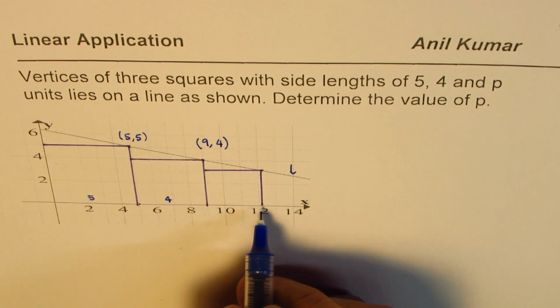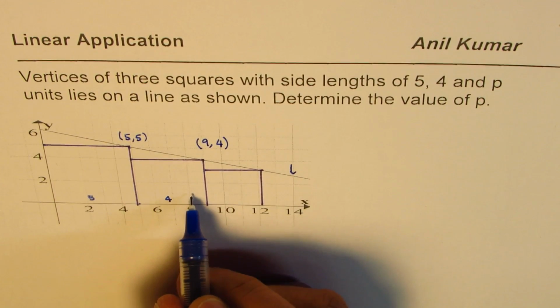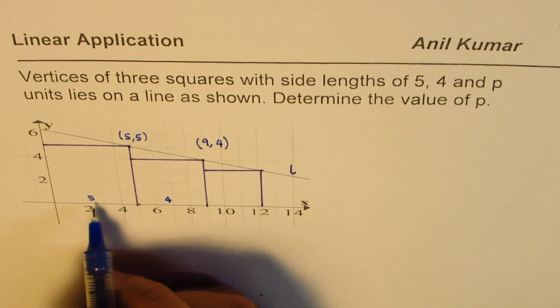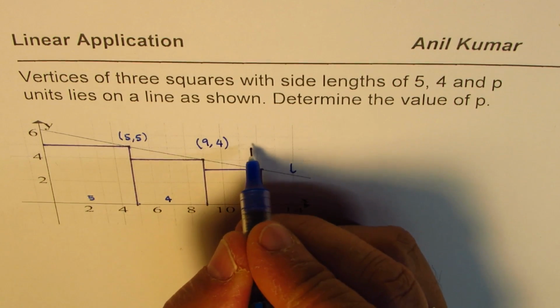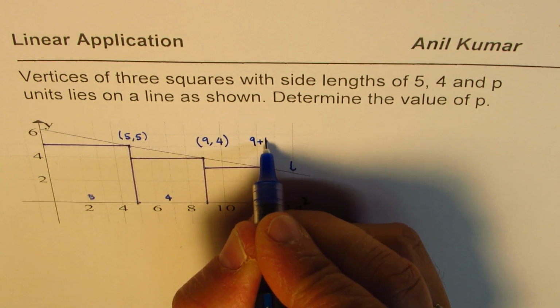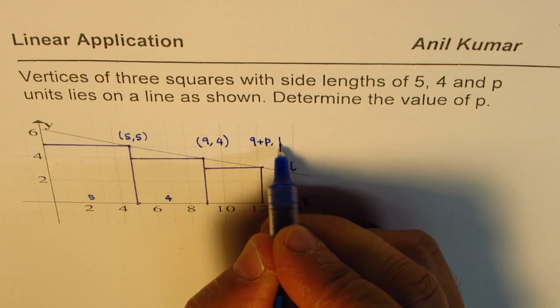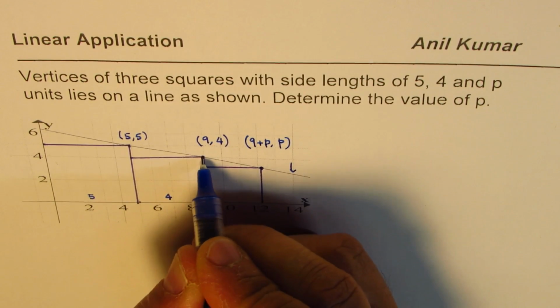And the next one is p units away from the adjacent one. So the x value is 9 plus p, and the y value will be p. That is how you can get these three points.